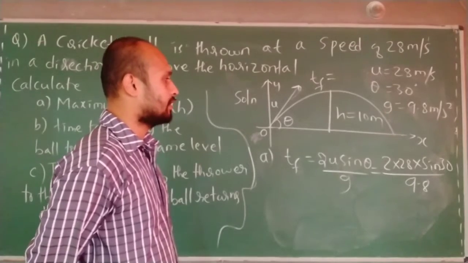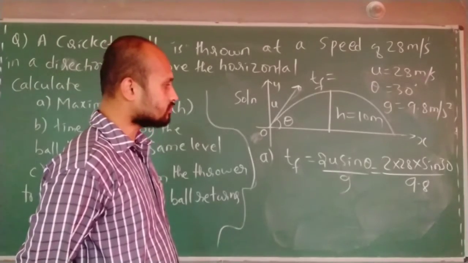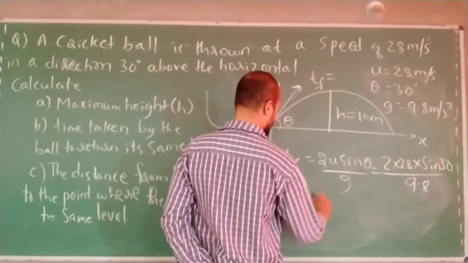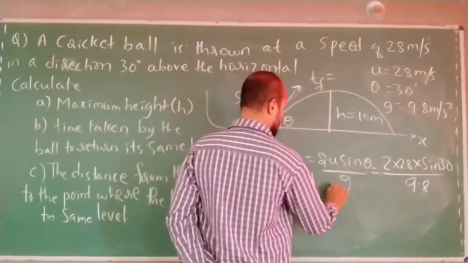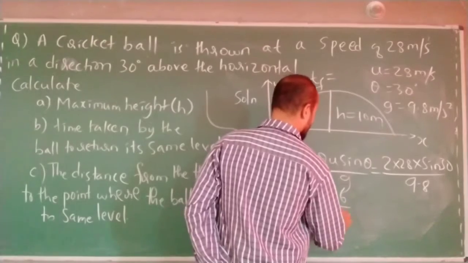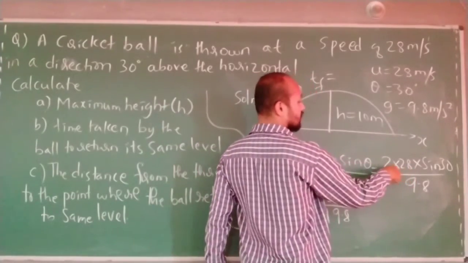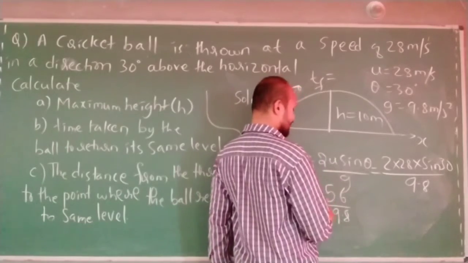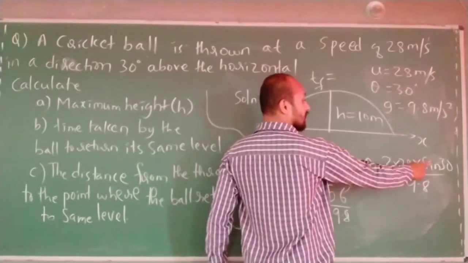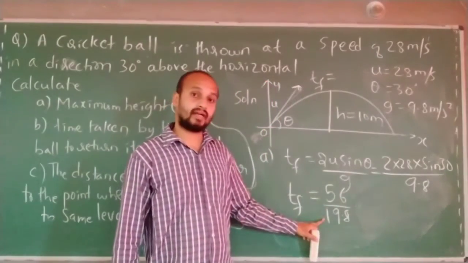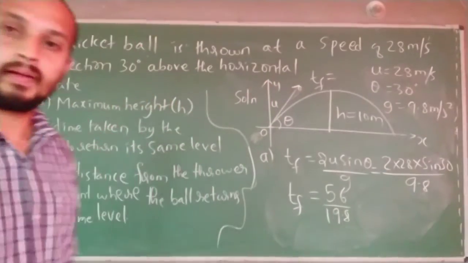Sin 30 is 1 by 2, so 2 goes into the denominator.